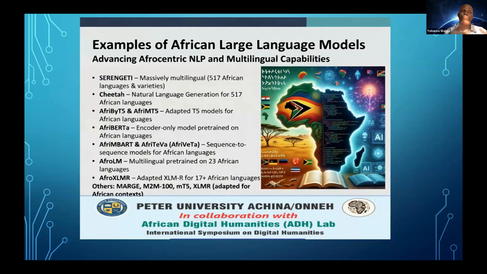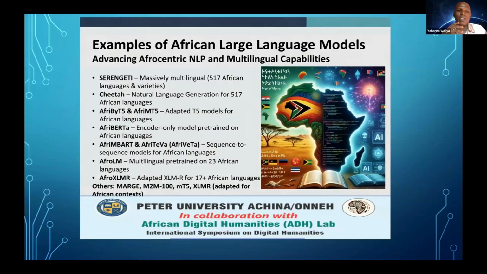But most of our major languages have already been digitized, and we use them to do translation from English or from Spanish to our local languages, such as Igbo, Swahili, Hausa, and the other languages. But those models are limited. Not every language is there.